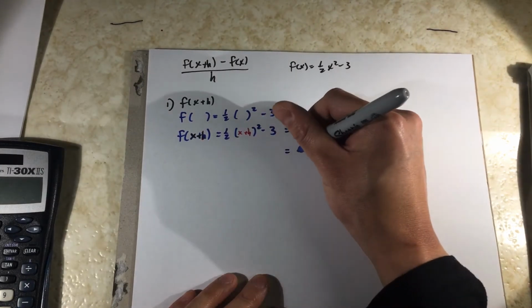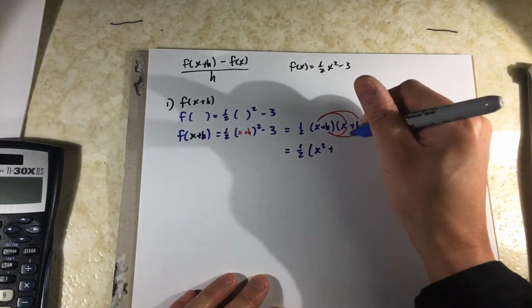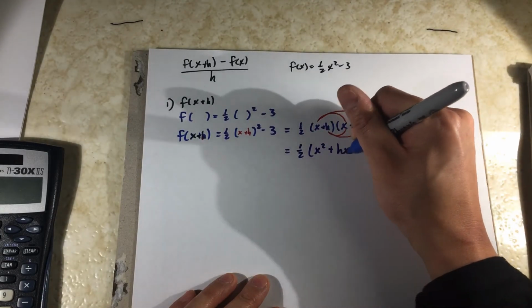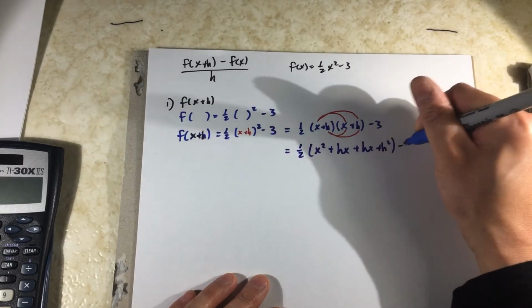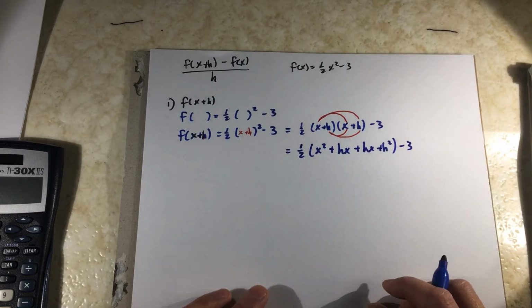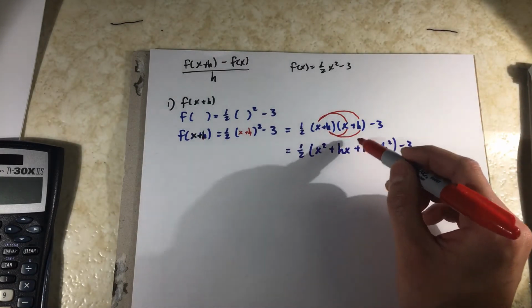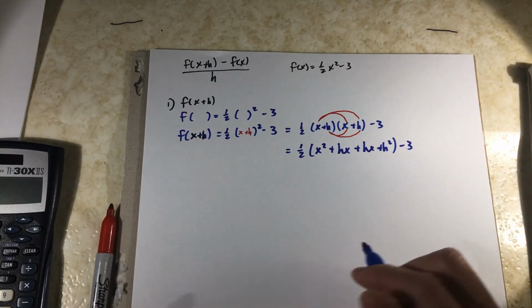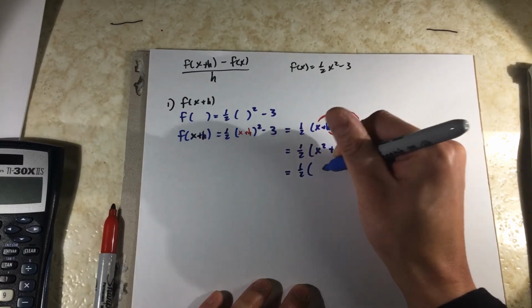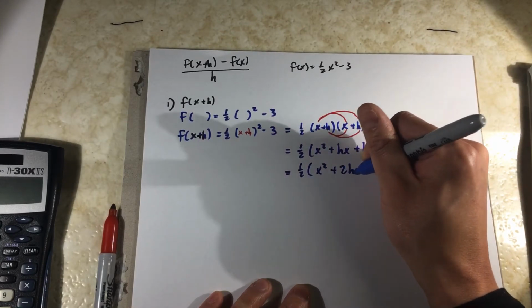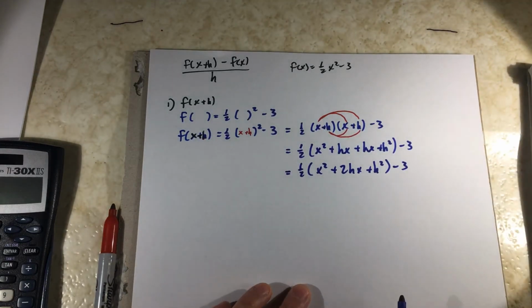If you do this, you get 1/2 times hx plus hx plus h squared minus 3. So now you have this 1/2, and you have to distribute it. Actually, let me do one other step. This hx plus hx becomes x squared plus 2hx plus h squared minus 3.